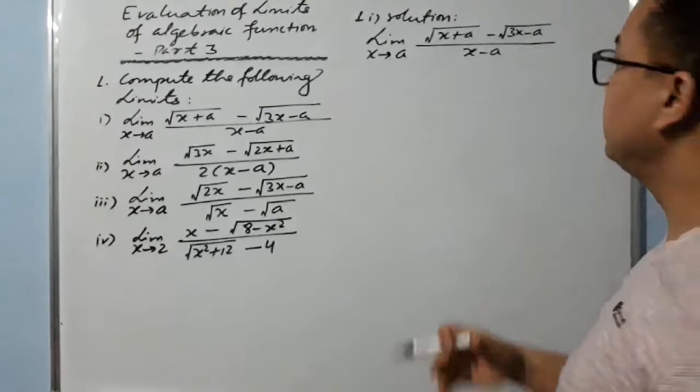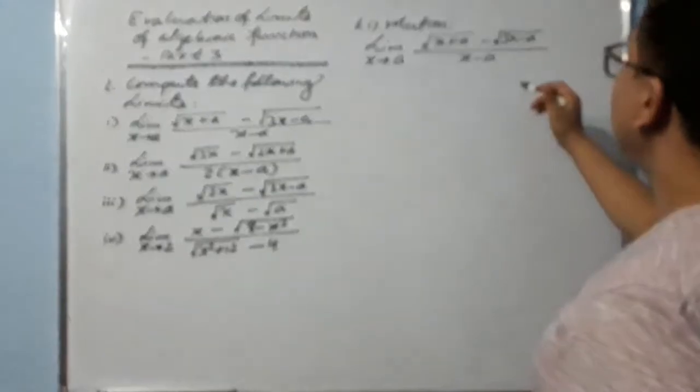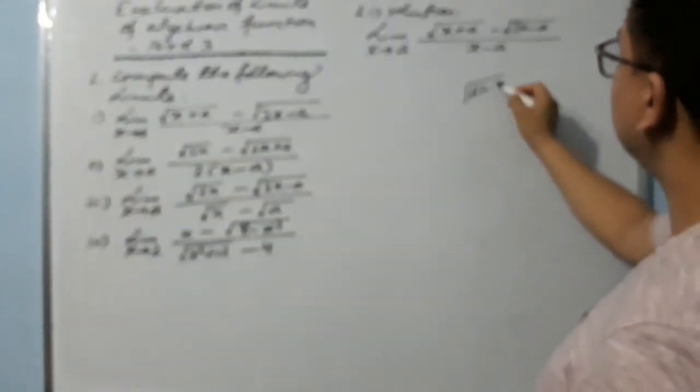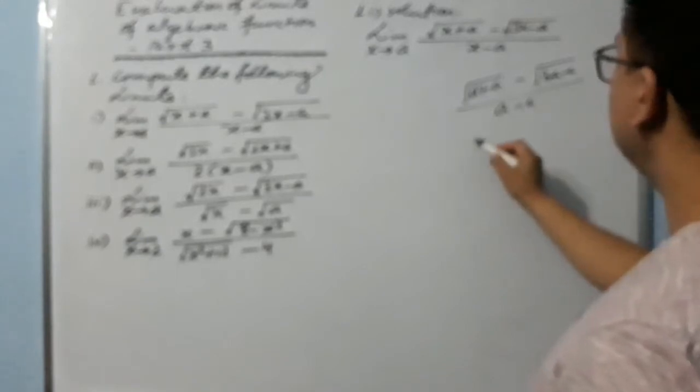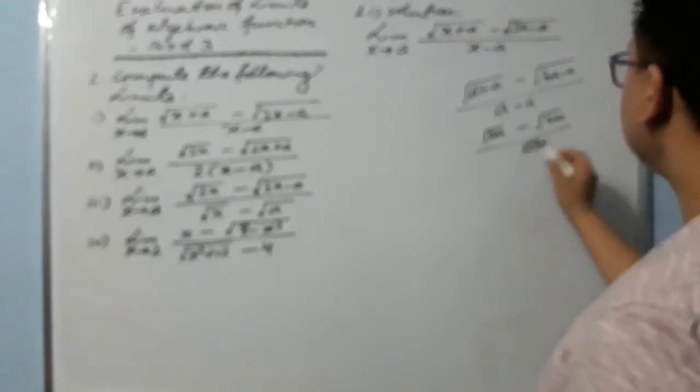If you substitute a instead of x, you will find 0 upon 0 form. Let's see here: root a plus a minus root 3a minus a over a minus a, or root 2a minus root 2a whole upon 0. Okay, so here it is 0 upon 0.